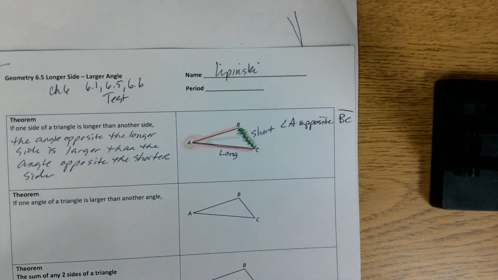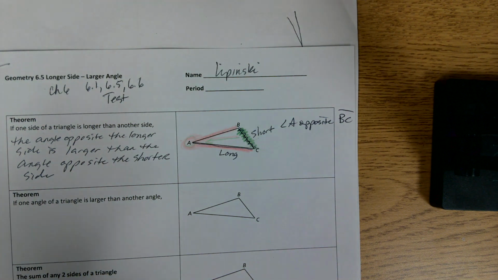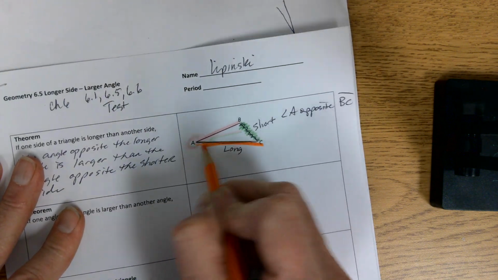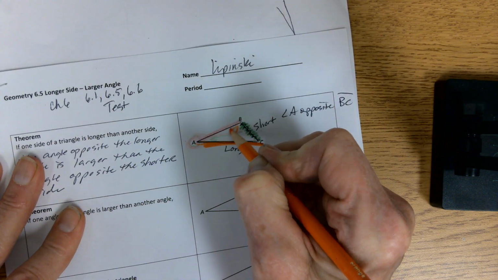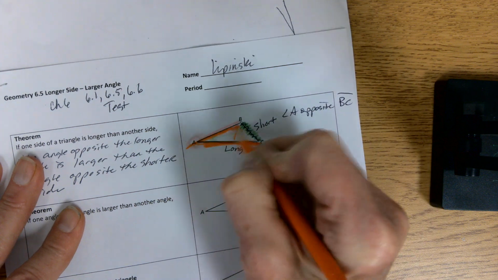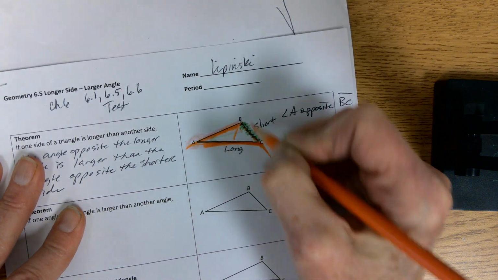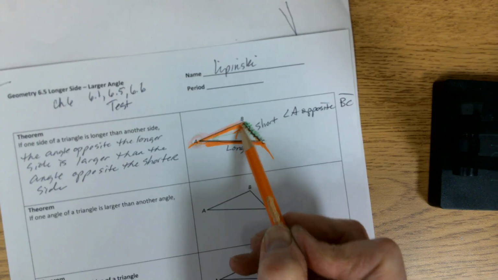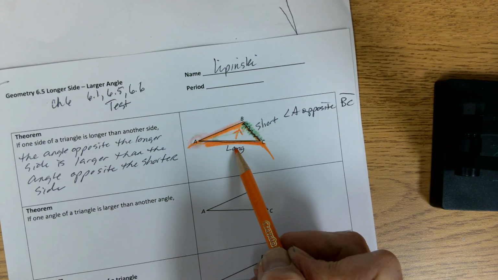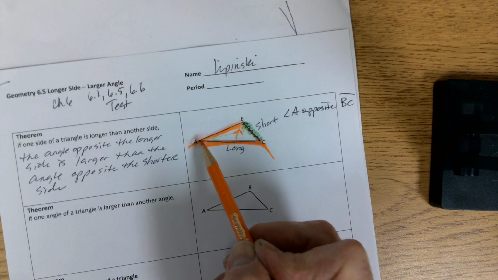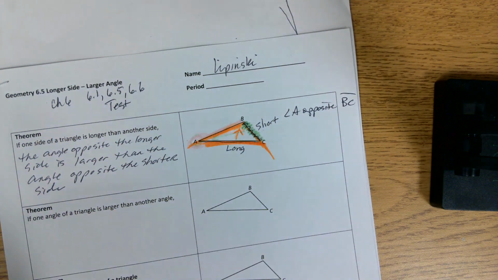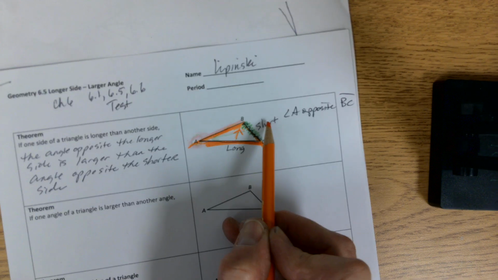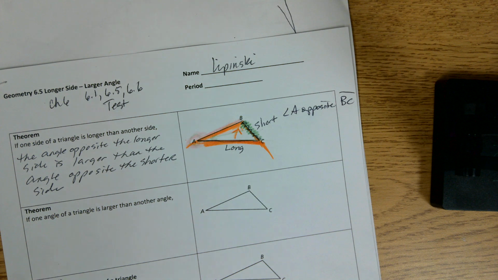Okay? And then when I look at it again, I go, okay, the long side is this one. So now we're going to look at angle B is larger. It's opposite the long side. Angle A is smaller, it's opposite the shorter side.